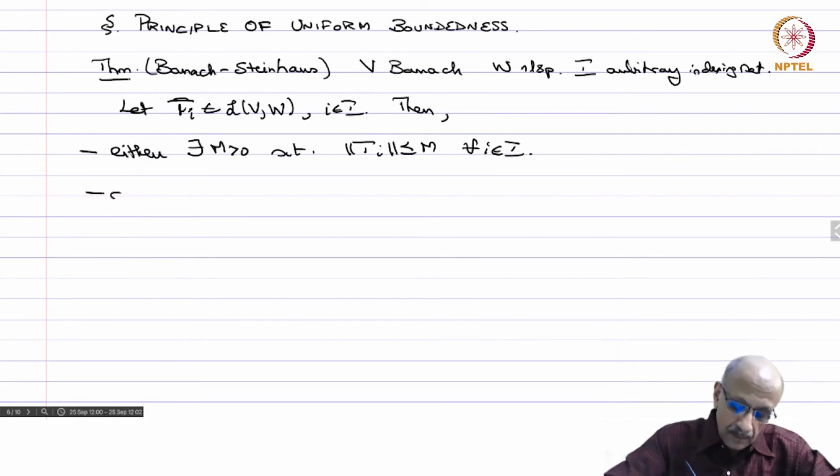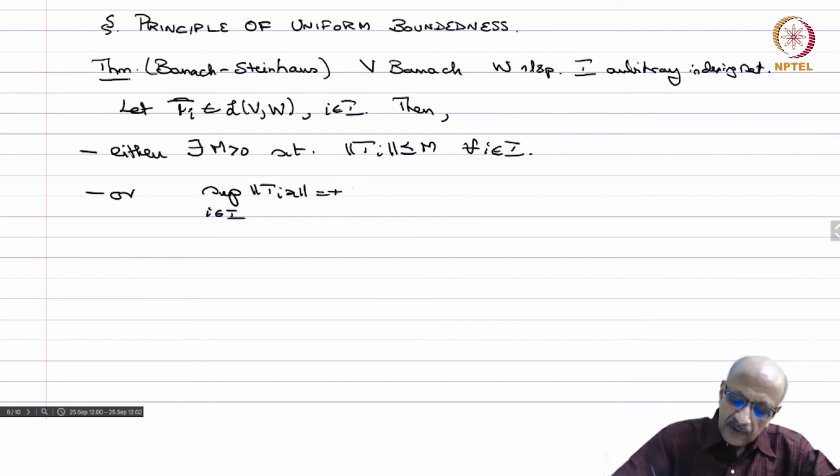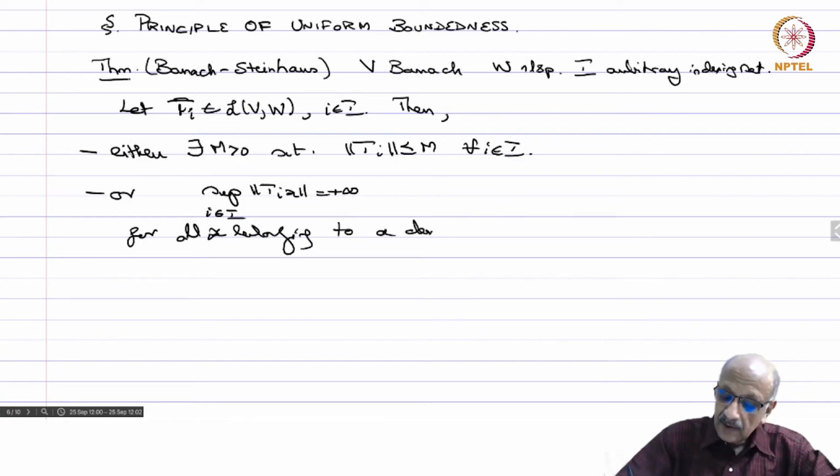Or the sup over i in I of norm Ti of x equals plus infinity for all x belonging to a dense G delta set.